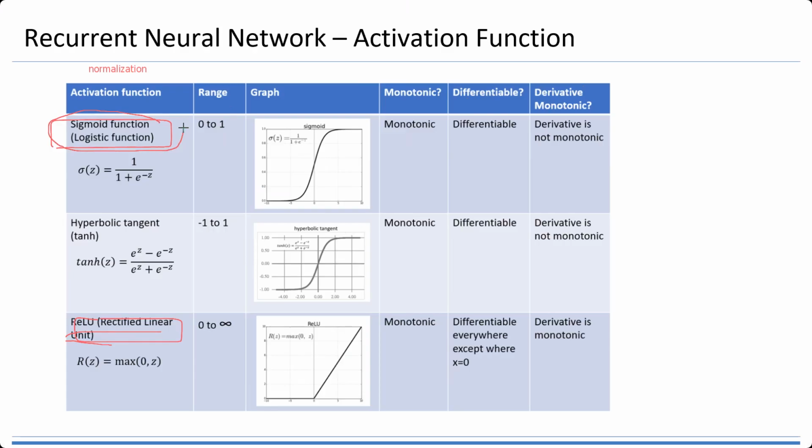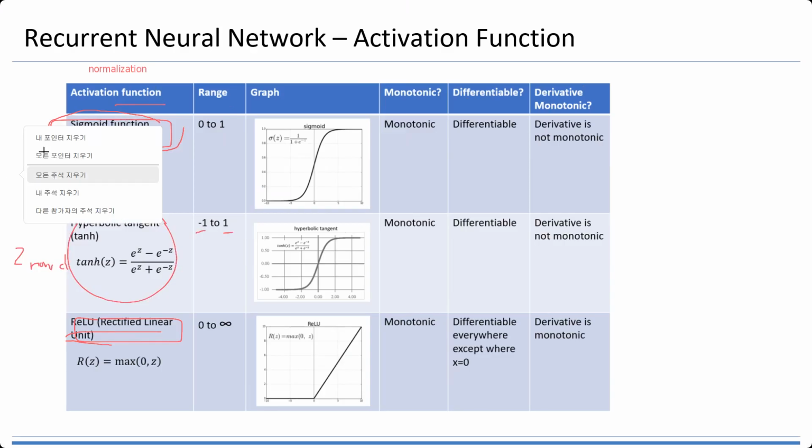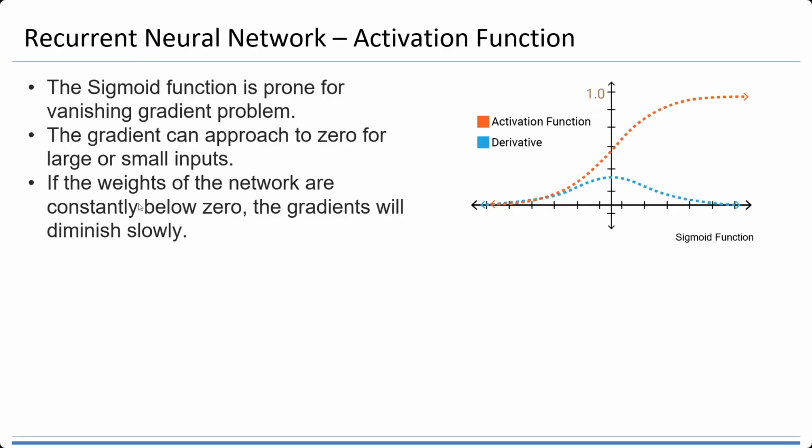Or sometimes if you do the normalization with the Z normalization, it means the range of the value will be in between -1 and 1. Then you can adopt this tangent function. So the activation function will depend on the data itself. This is the sigmoid function.